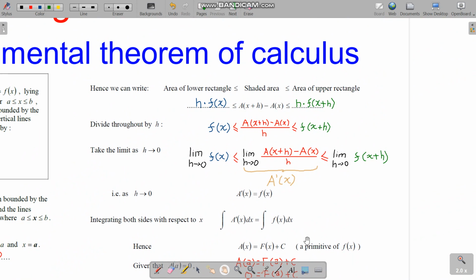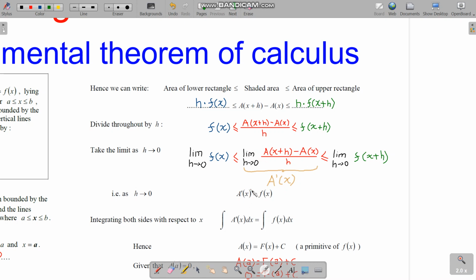And if we divide throughout the inequality by h, we get that the red shaded area divided by h is between f of x and f of x plus h. And if we take the limit as h approaches 0 of everything, in the middle we get A prime of x, using the definition of differentiation from first principles, remember?